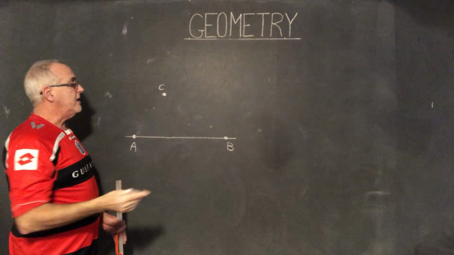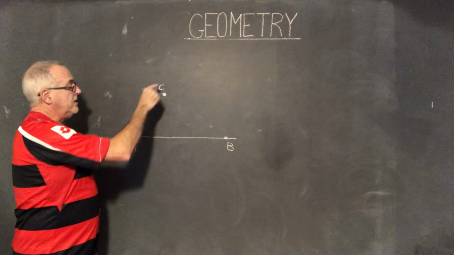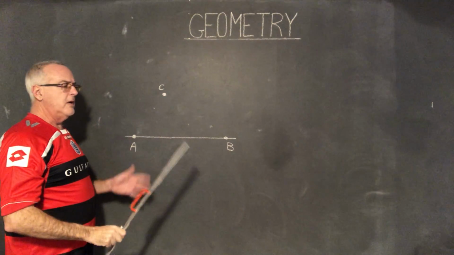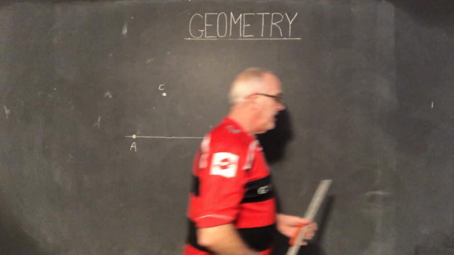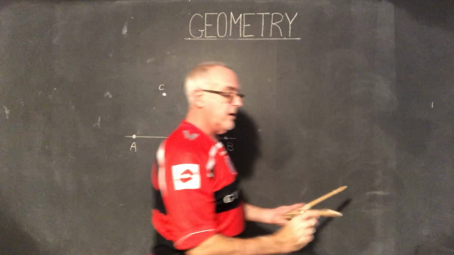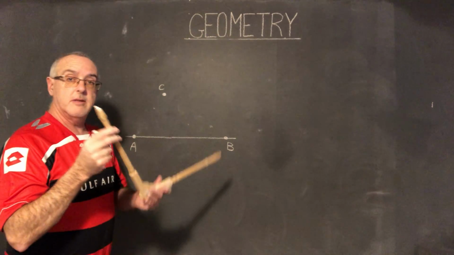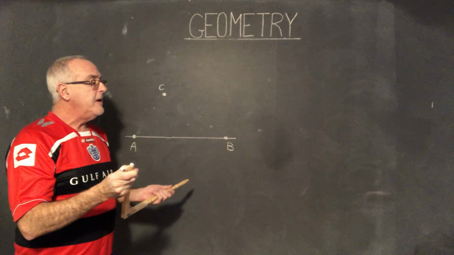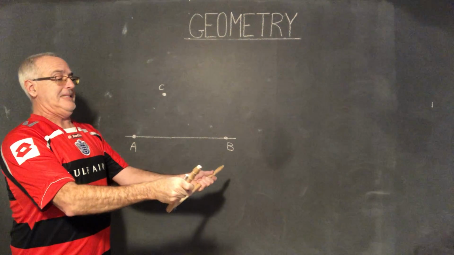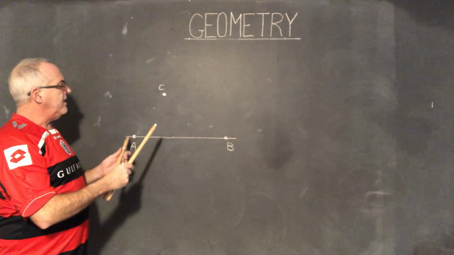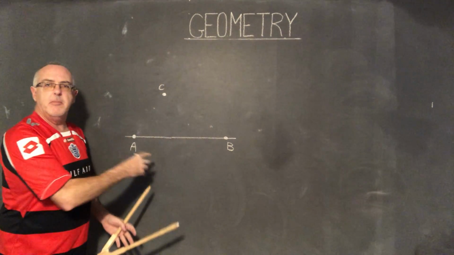So I'm going to draw a line CD which is going to be parallel to line AB. How do I do that using just a ruler and a compass? Well, the first thing I'm going to do is draw an arc. I'm not so sure this compass is going to make it all the way through the lesson because of this chalk issue, but fortunately I do have that other one. There. I don't want the arc to be too close to line AB, it would be cluttered.